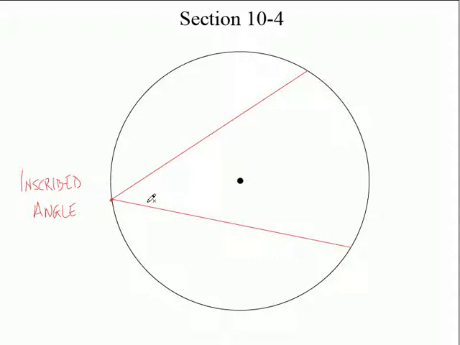Now, there's actually a relationship between this angle, the inscribed angle, and the arc that it cuts off. I'm going to try to see how steady I am. Oh, I'm getting better at this, aren't I? It's not bad.